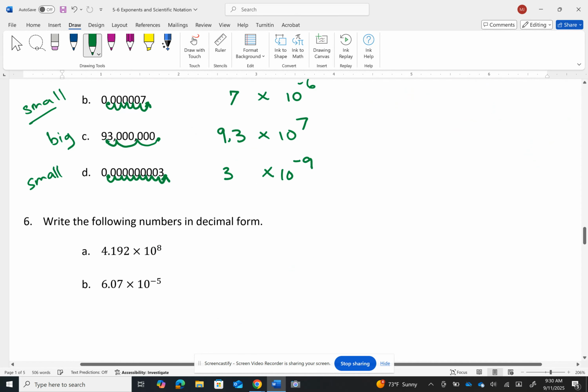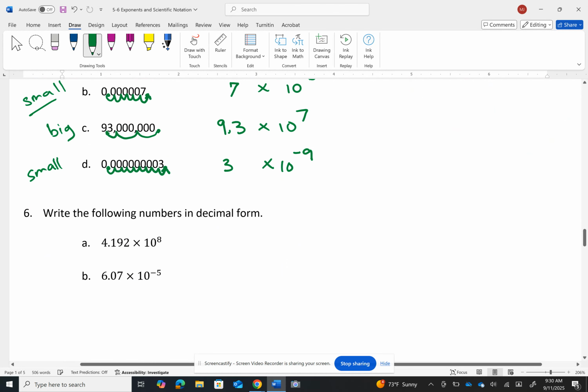Okay. Now, you sometimes have to go the other way with it. You have to start with it in scientific notation, and then get it into decimal form. So what works well for that is to write down the number part. Then notice that you have a positive exponent. So that means you should wind up with a number that's big.